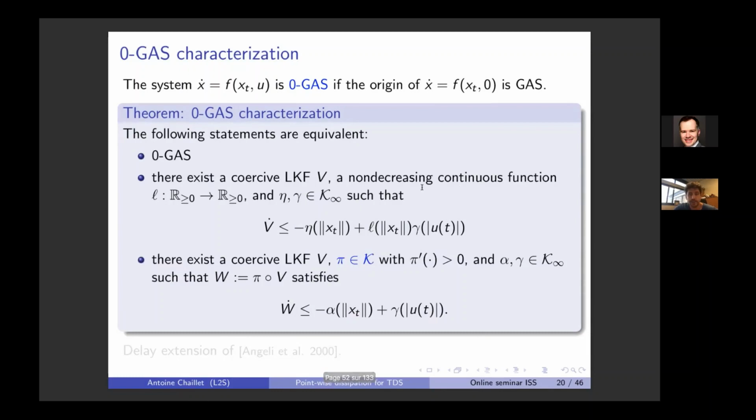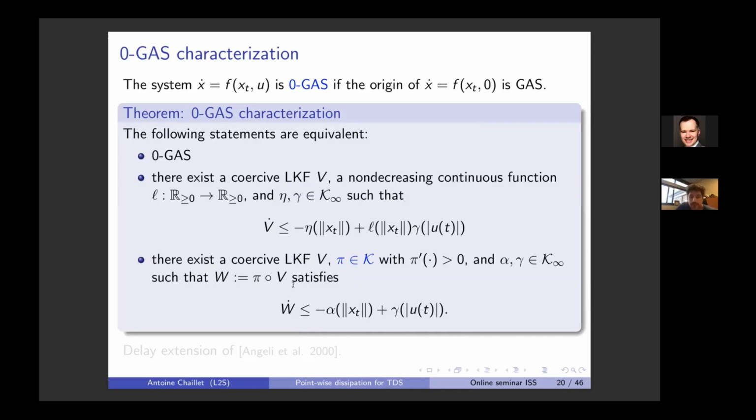The other one is to say that, paying the price of composing V with a class K function pi, I insist it's a class K, not K infinity, it might be bounded, this pi. If you compose V with this K function pi, you get something that is not a Lyapunov functional because it's not radially unbounded, but it looks like it.